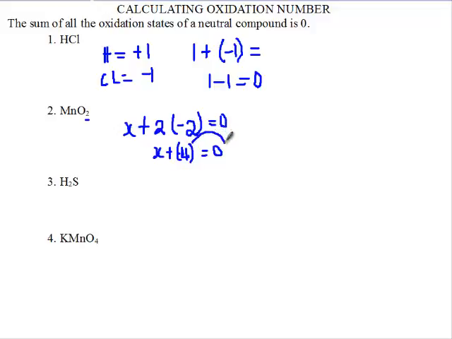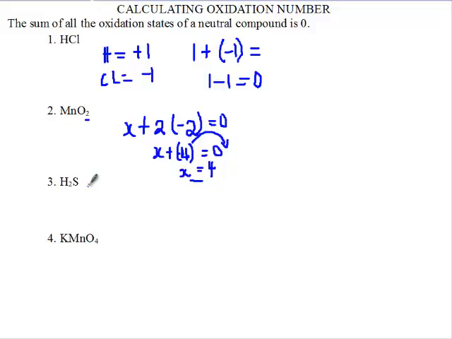So we're going to have X equal to 4, because we sent -4 across the equal sign. So we got 4. Now what this means is that manganese over here has oxidation state of 4. So this thing is called manganese 4 oxide.